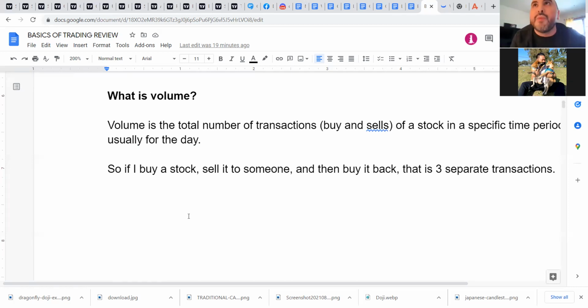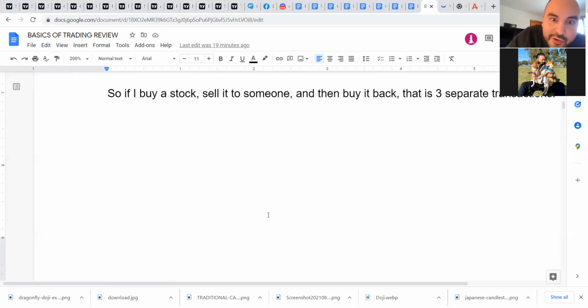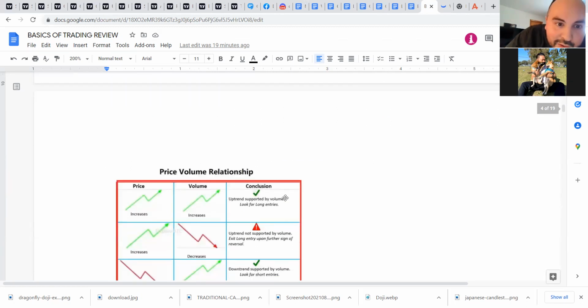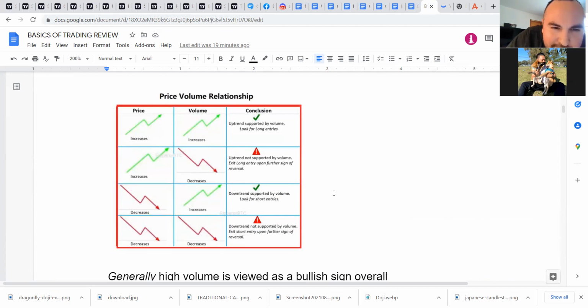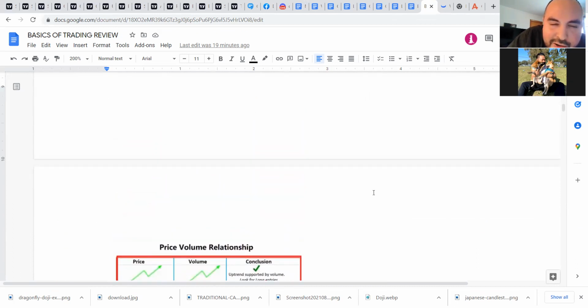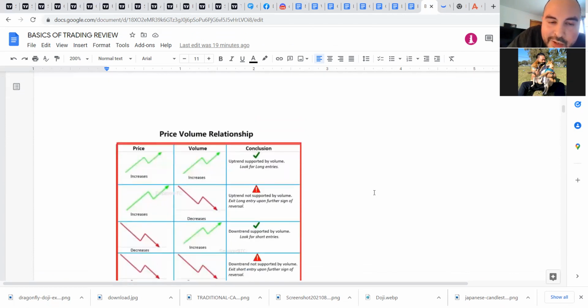If you buy a stock and then you sell it and then you buy it again, that's three separate transactions. That would add three units to the total volume. I'm not sure how often it's updated, actually. That's a question I want to answer for myself. Hang on one second, guys.